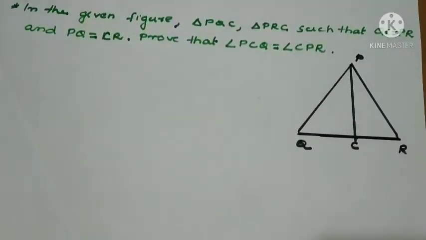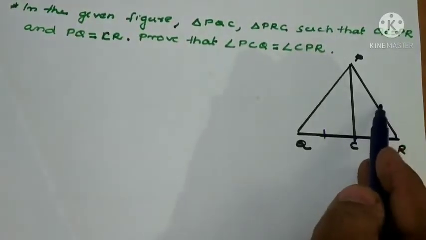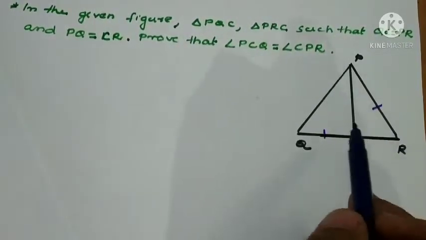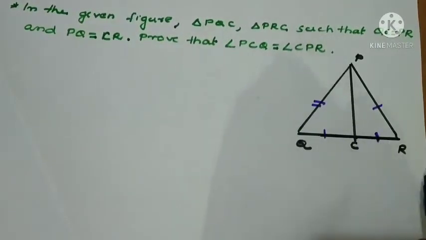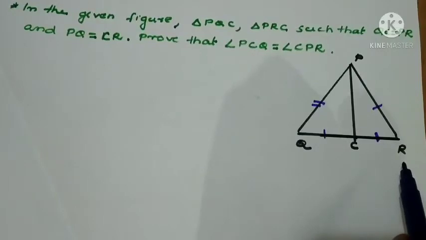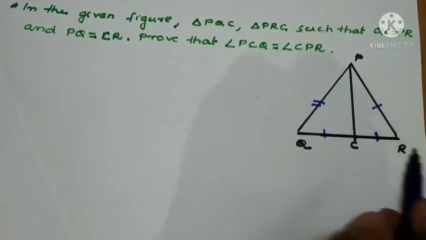In the given figure, triangle PQC and triangle PRC are such that QC equal to PR. Next, PQ equal to CR. And prove that angle PCQ equal to angle CPR only. Okay.